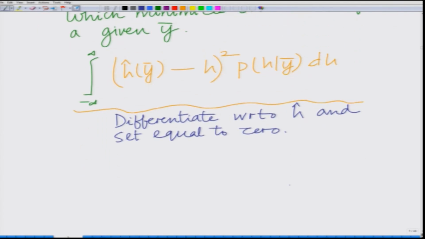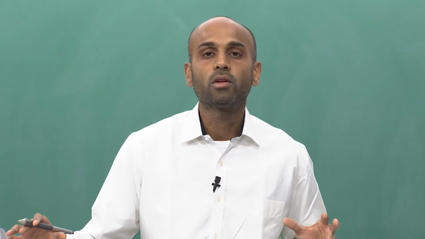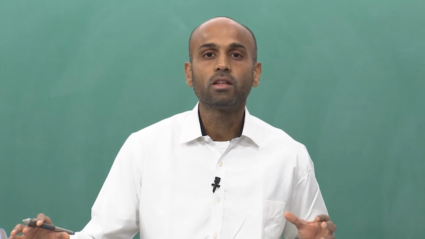This mean squared error is a function of h hat, so to find the minimum, we differentiate with respect to h hat and set it equal to 0.